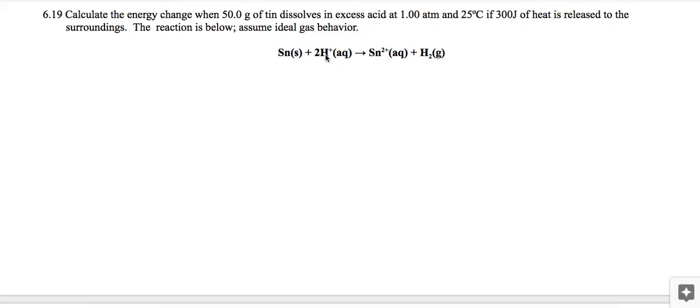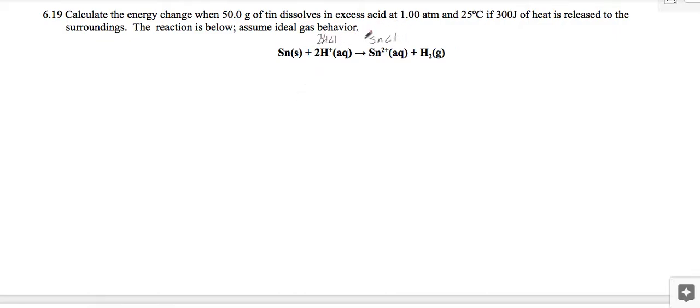It doesn't matter what acid it is, it's just going to be a net ionic reaction here, where if this was, say, hydrochloric acid, it would be HCl, and then tin over here would be SnCl2, and whatever is here would cancel out.